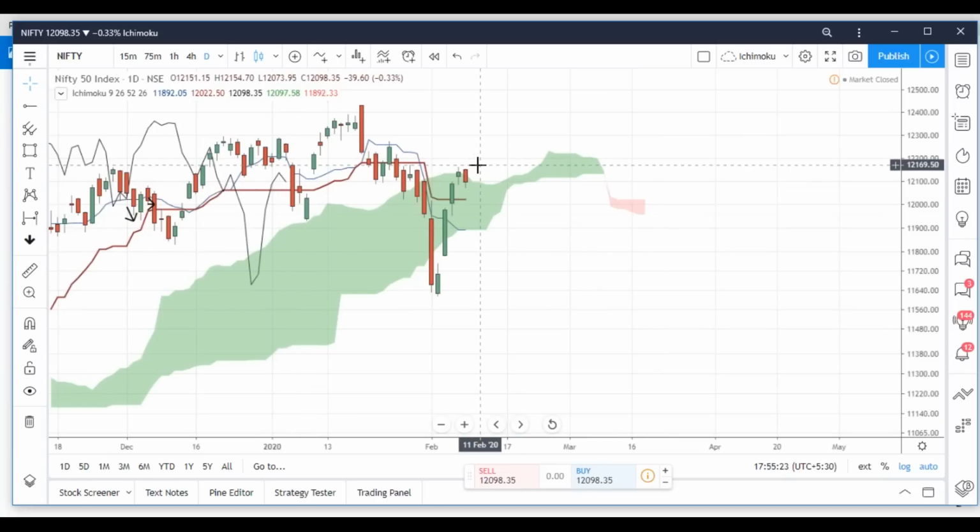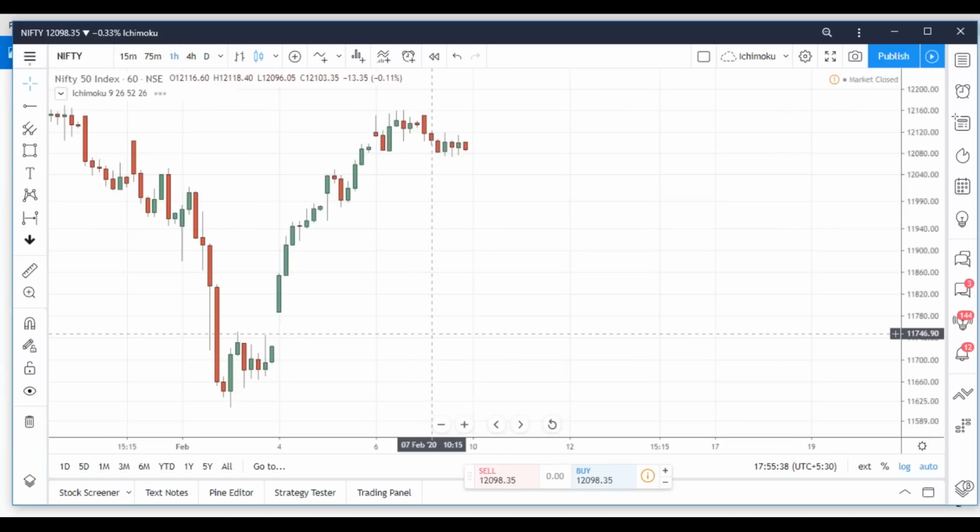So at this stage, a big no for long from my side, because see, Chikou is already below the price. Price is within the cloud, and let's see how it's looking on hourly.